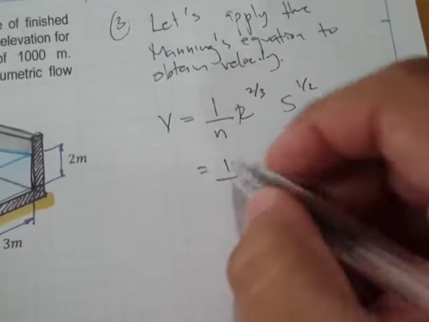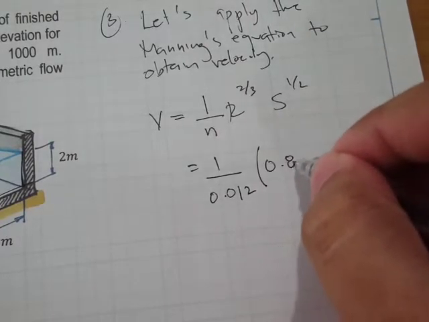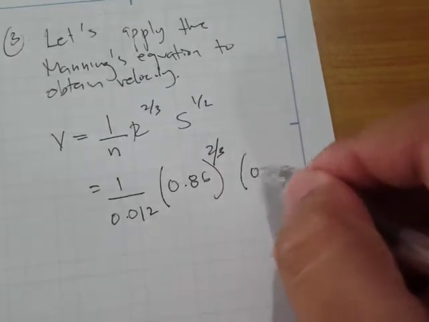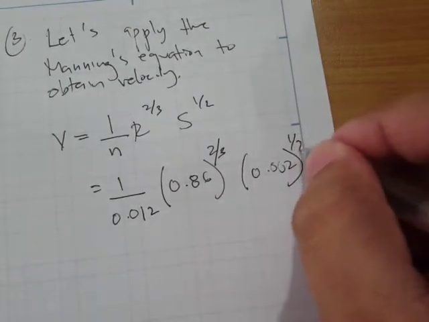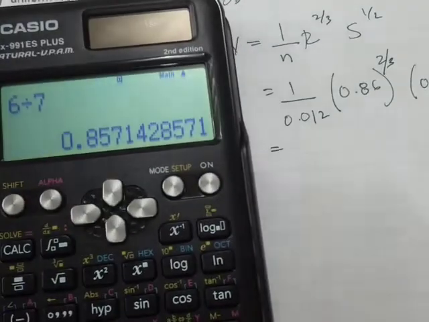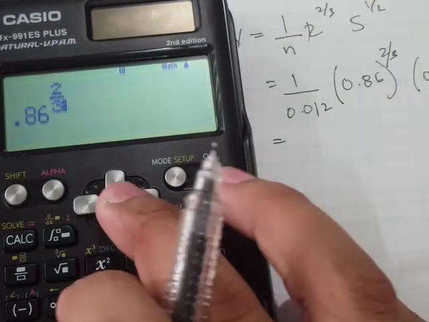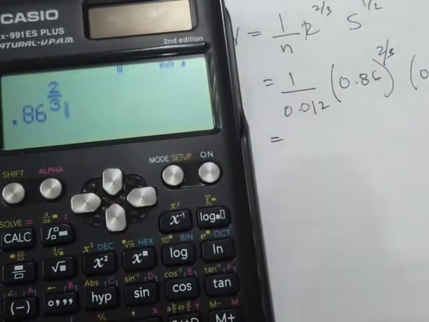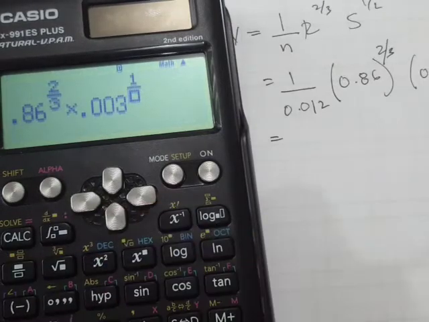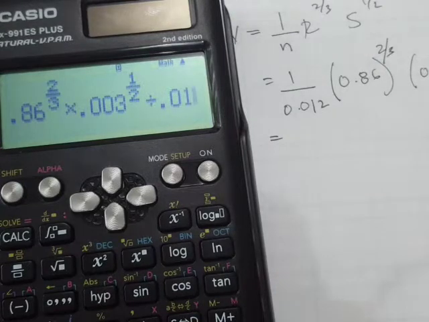Our n is 0.012, our R is 0.86 raised to 2/3, and S is 0.002 raised to 1/2. So it is 0.86 raised to 2/3 times 0.002 raised to 1/2, divided by 0.012.